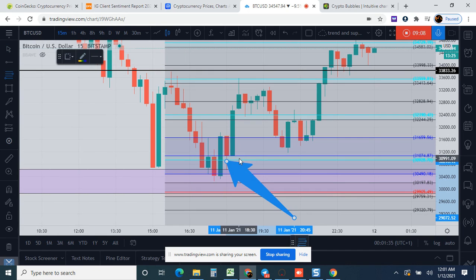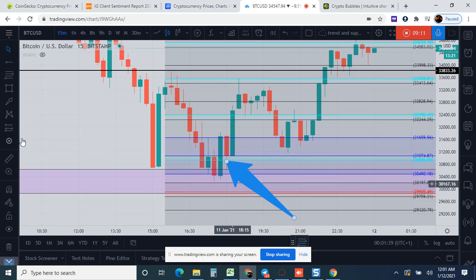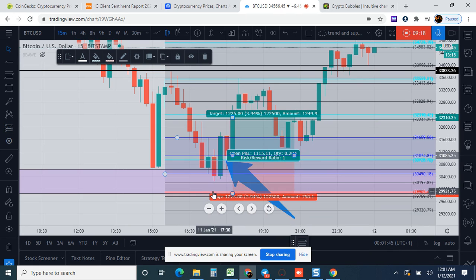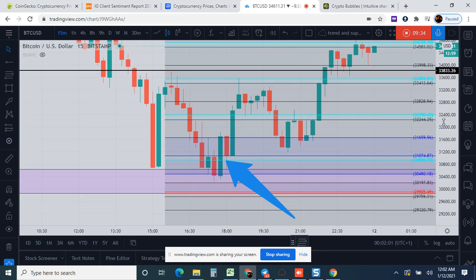So if that's our entry, sorry, I should be using a long, with our stop beneath somewhere there, 1:3 or thereabout.